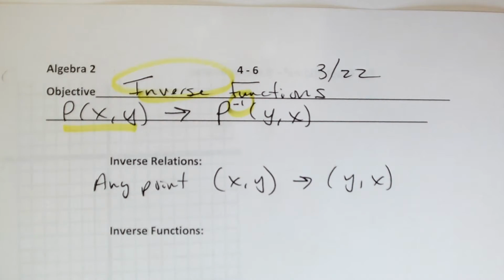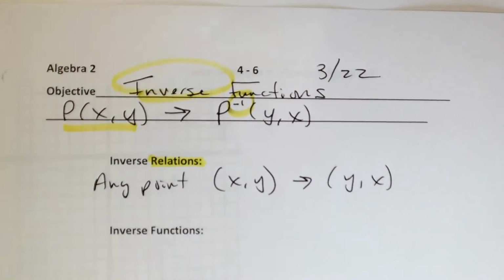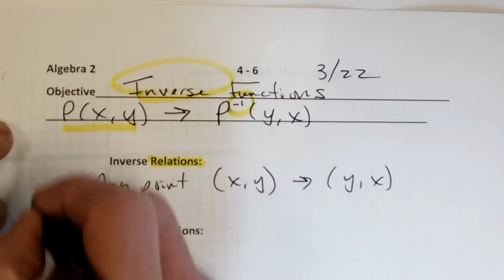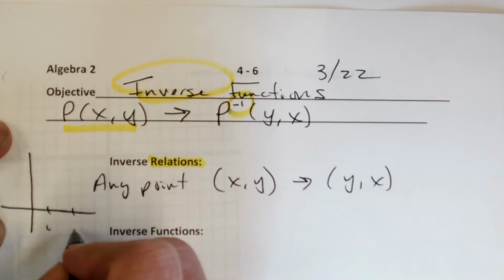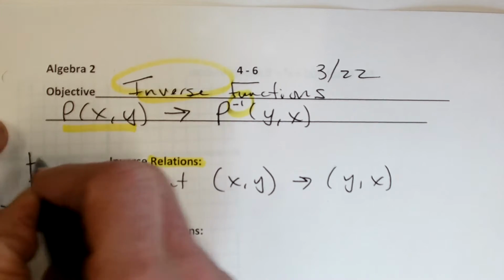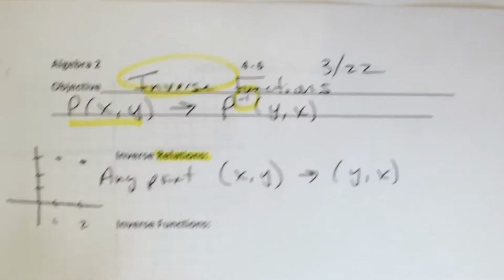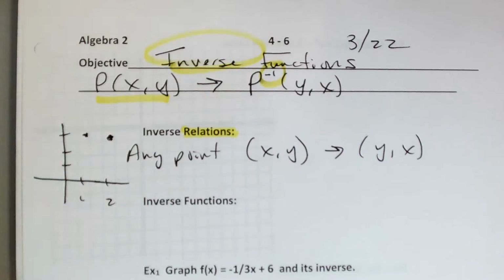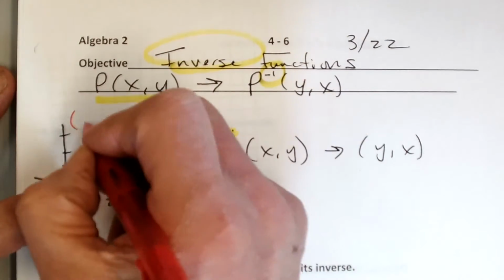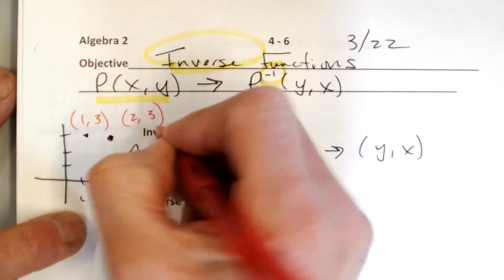Now the problem is, I'm going to show you a couple of examples. So if I had points like this, I just want to show you an example. I've got a point here and a point here. Anyway, let me give you the coordinates. That's 1, 3, and that's 2, 3.